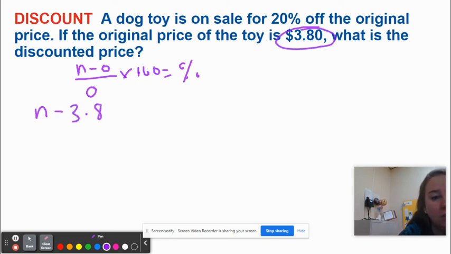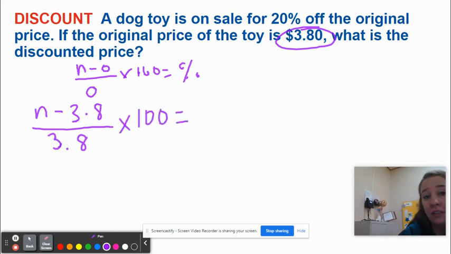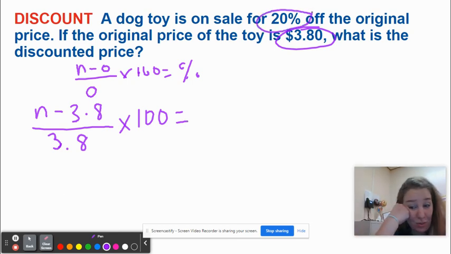If this confuses you, you just stop watching. Again, the original price is $3.80, times 100 equals our percent of change, which is not just 20, it's negative 20, right? Because we're talking about a discount, things going down. So this is where it can get confusing. It's got to be negative 20.